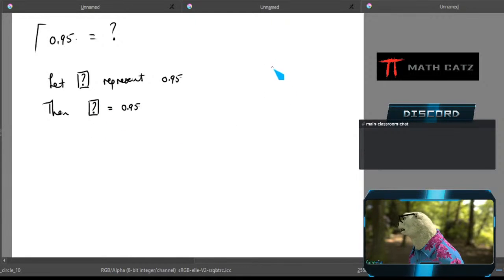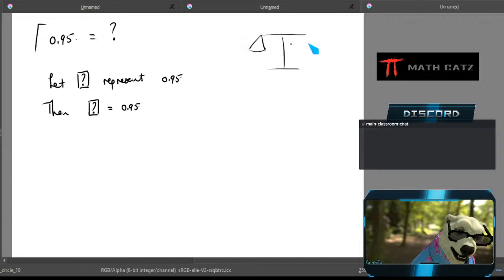Now I want to think of equations and what they really mean. They really are representing things that are in balance. So in the old days, you had these balance scales that people used to see what's more than something else. If you put stuff on either side and it tips to that side, that side is heavier. That side has more stuff, assuming all things are equal.